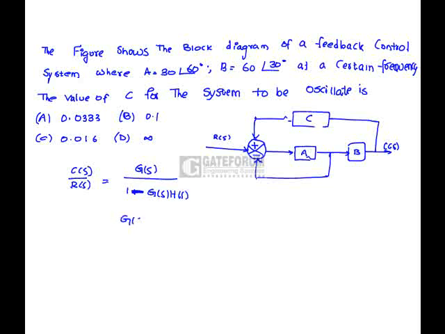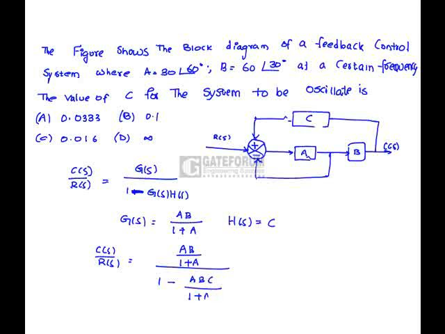So here G of S is AB by 1 plus A, H of S is C. So C of S by R of S is equals to AB by 1 plus A divided by 1 minus ABC divided by 1 plus A, which is nothing but AB over 1 plus A minus ABC.